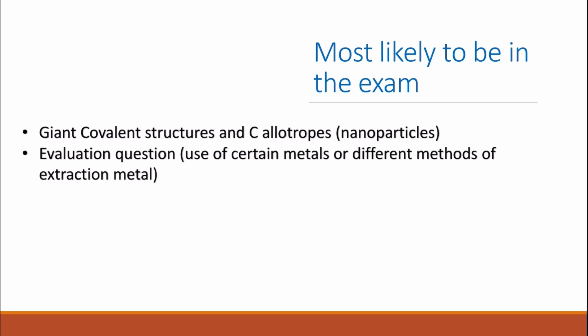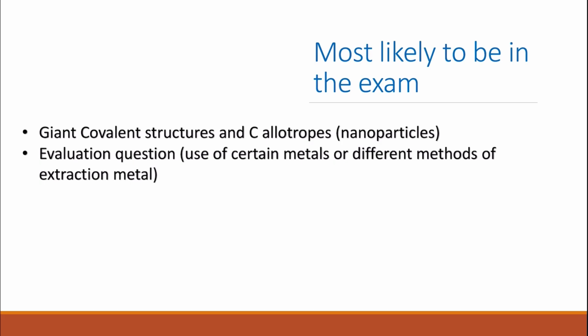Evaluation question. The AQA exam board for the GCSE always like to ask these types of questions. They provide you with a table and they ask you to evaluate something, like the use of certain metals for conduction of electricity or different methods of extracting metals or whatever.